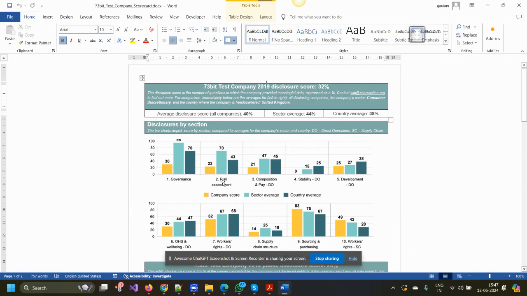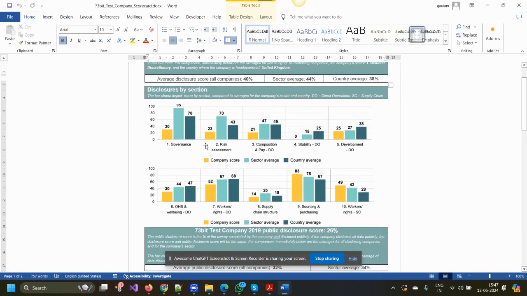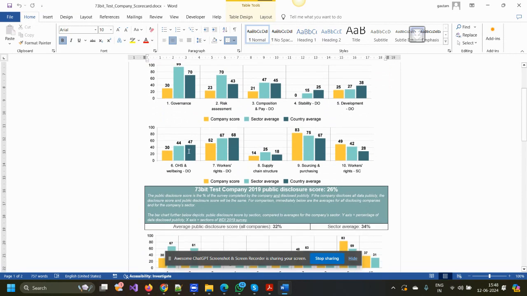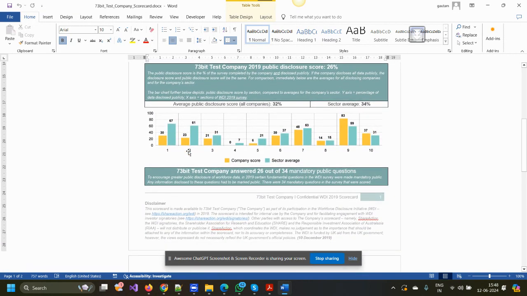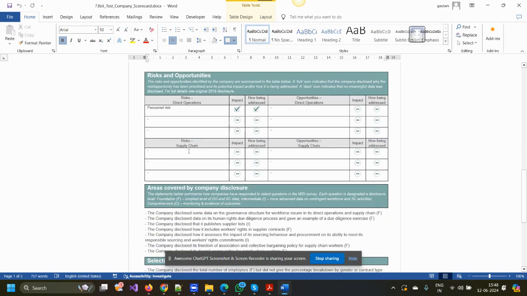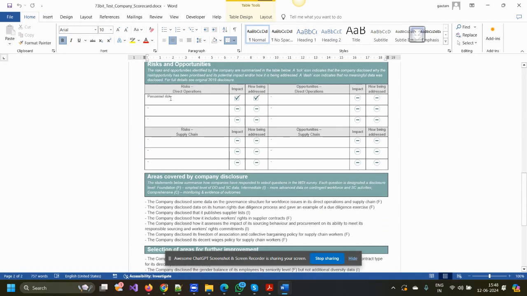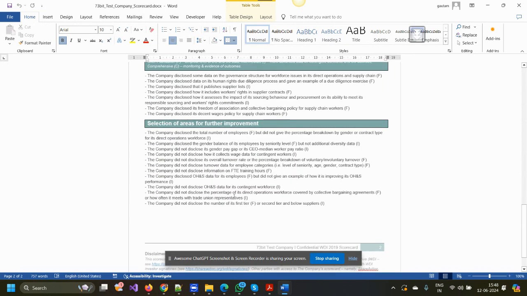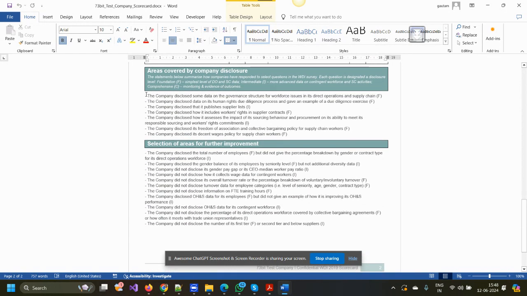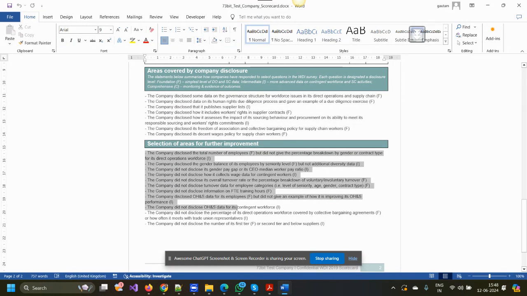Here also you show the overall score, the overall average, country averages, and so on. Then for each section, you have charts showing the company and the sector average, etc. You also have an output where you show some icons, and at the end, again, the areas that the company has disclosed and the areas that need further improvement.